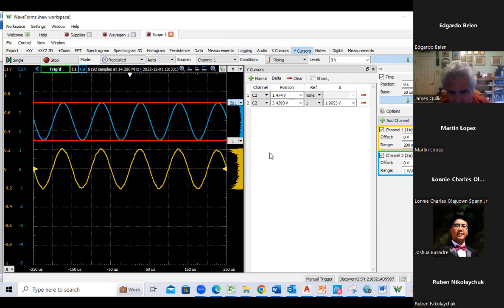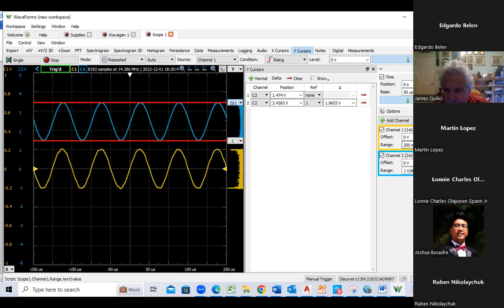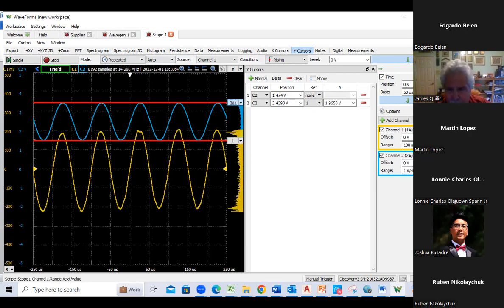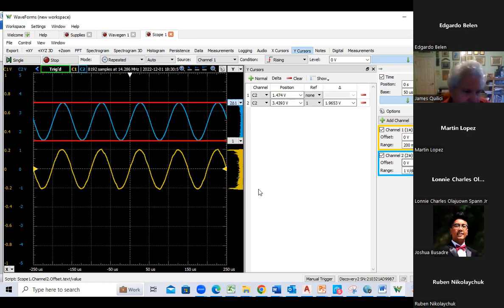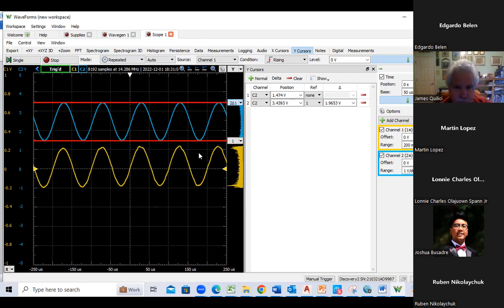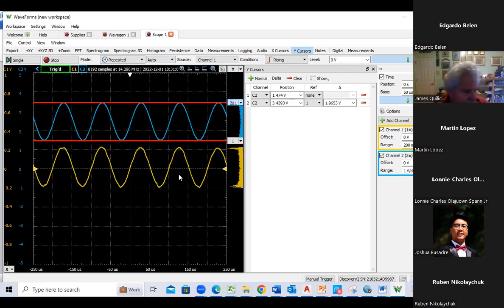So that's a little puzzling to me. And that changed. That wasn't like that before. It was definitely smaller before. Now I don't understand why that is. Okay, well, anyway, just moving on.